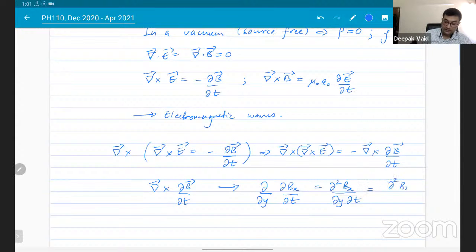But I can switch the order of these partial derivatives. Partial derivatives commute. If I have a function, I take its partial derivative with respect to x and y, or with respect to y and x, I have to get the same answer.